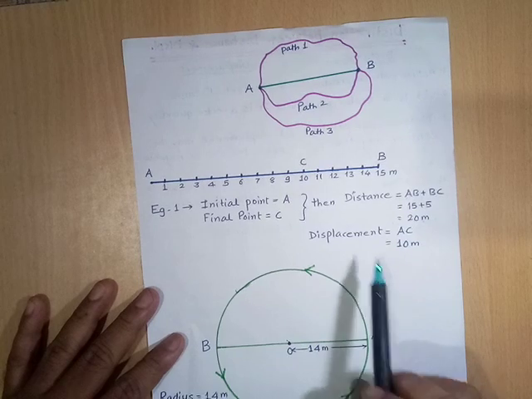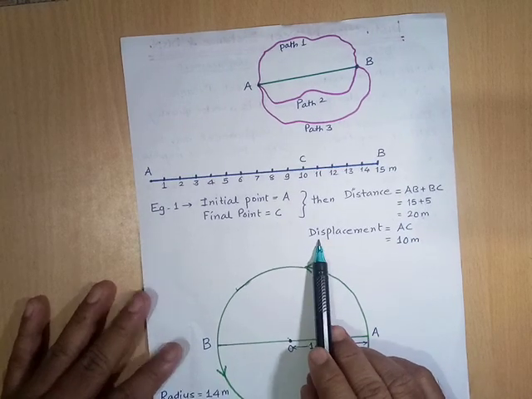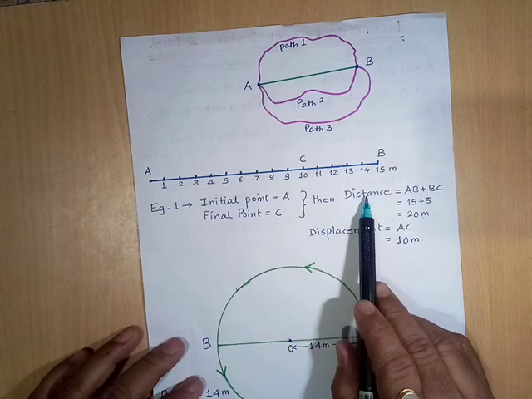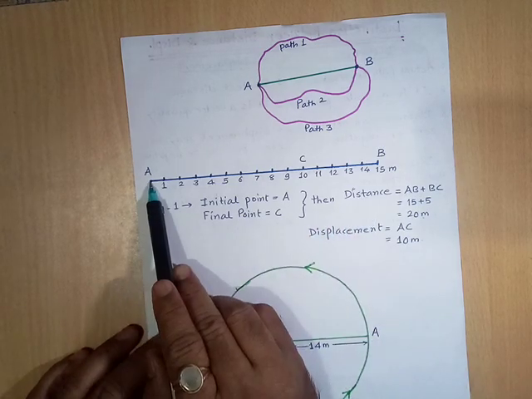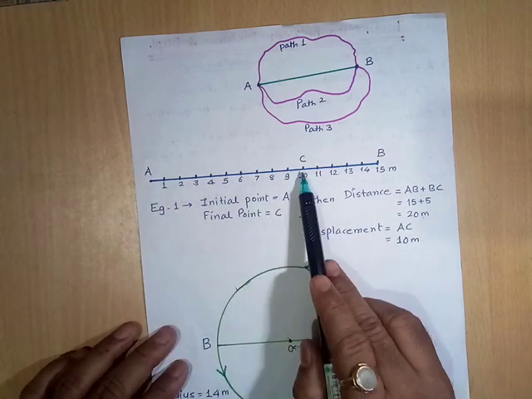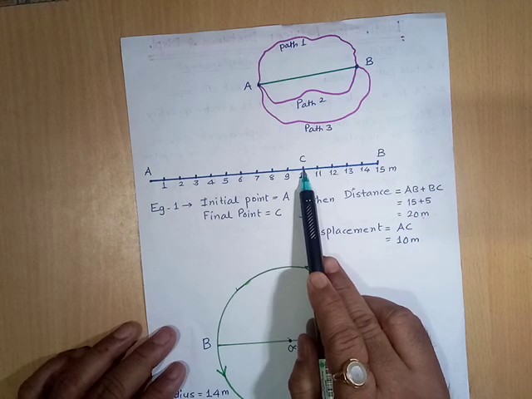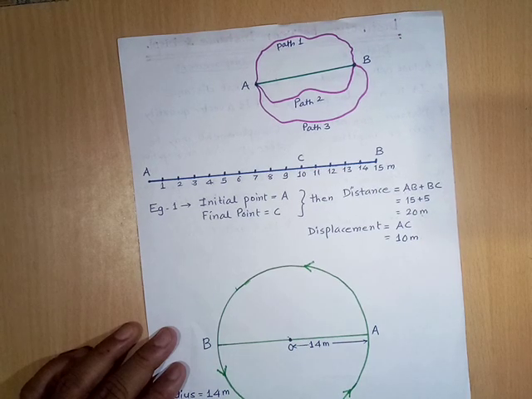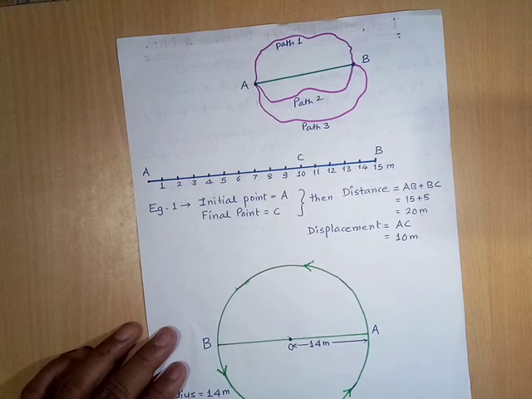But if you think about the displacement of the object, then this displacement differs from the distance, because now the initial point is A and the final point is C. So what is the displacement? We have seen in the definition of displacement, it is the shortest distance between the initial point and the final point.